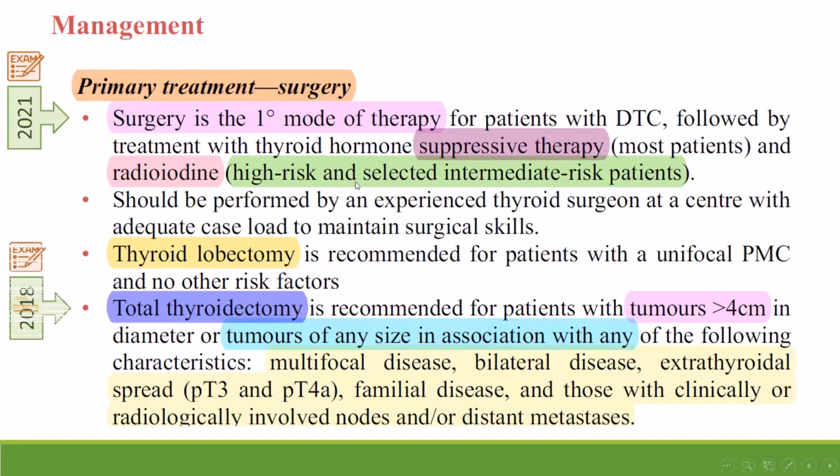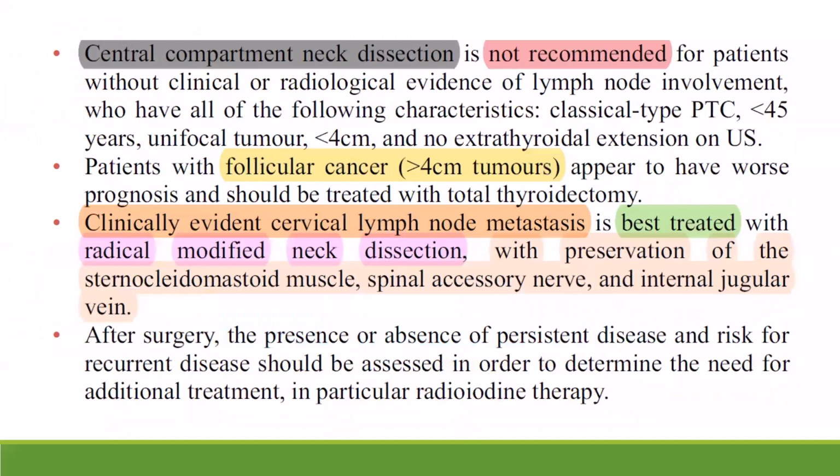And actually, in a previous exam, they asked a question about how to manage papillary or follicular thyroid carcinoma, and usually the first choice is total thyroidectomy. A central compartment neck dissection is not recommended for patients without clinical or radiological evidence of lymph node involvement, especially in patients less than 45 years, with unifocal tumor less than 4 centimeters, and no extrathyroidal extension.